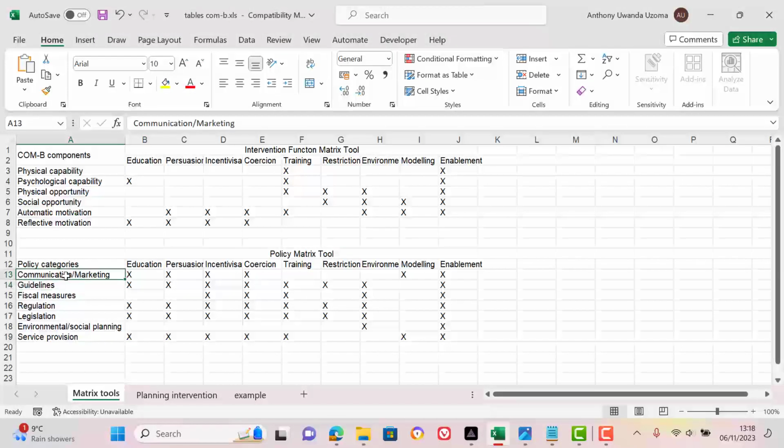Okay, so since the problem is knowledge, and I want to use education, which one can I use inside the policy here? Is either of these options marked X? Based on the context of my research, I know that I can easily work on the service provision, or I can work on the communication and marketing.